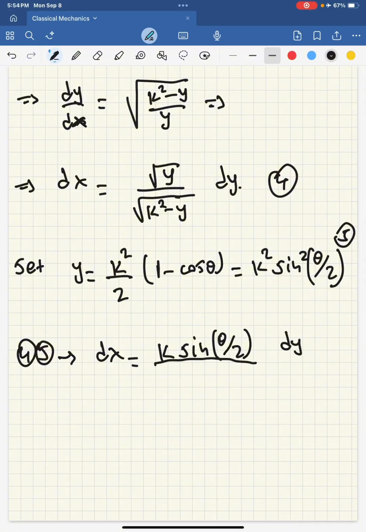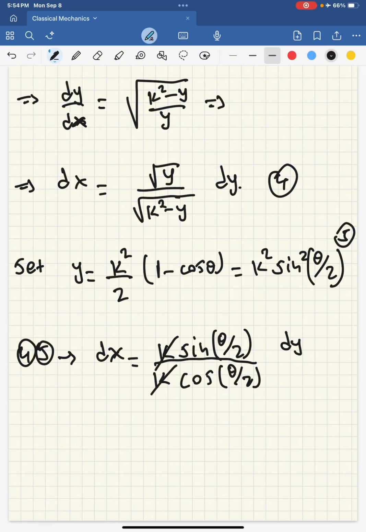And then in the denominator, we have the square root of k squared minus k squared sine squared theta over 2. So k is a common factor. And then we have the square root of 1 minus sine squared theta over 2, which is cos squared theta over 2. So we end up with cosine of theta over 2, and this k cancels.